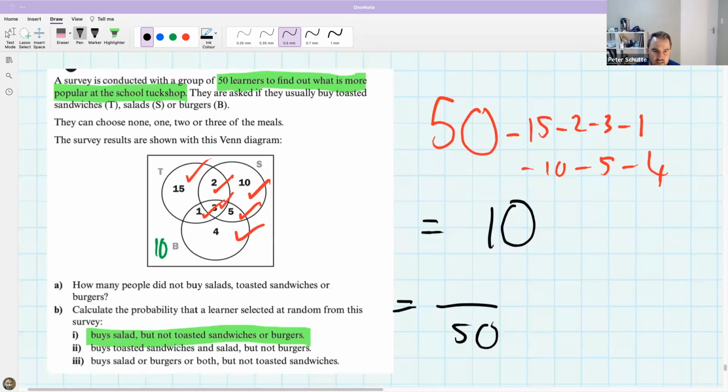A salad is S, but I'm not allowed to be in burgers, and I'm not allowed to be in toasted sandwich land. The only region that I'm allowed to pick from is that region, which is 10 out of 50.